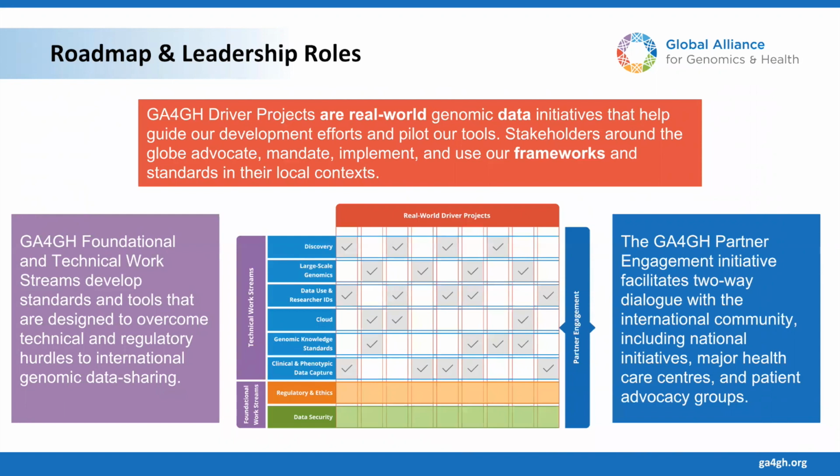On the right-hand side, we also have partner engagement, which basically means that we can continue to engage with the international community, with national health initiatives, and also with patient advocacy groups as well. You can see as well the foundational work streams breaks down into some other very key areas. One of these is regulatory and ethics, and also data security. So obviously we are talking about personally identifiable human data in a number of these cases.